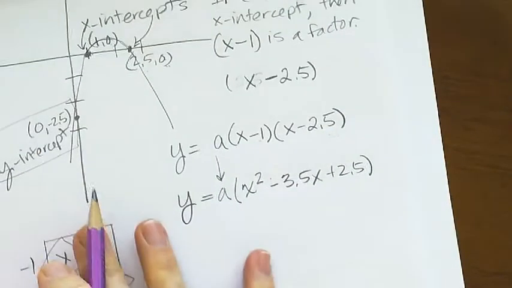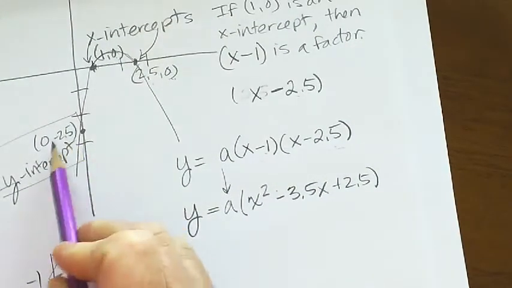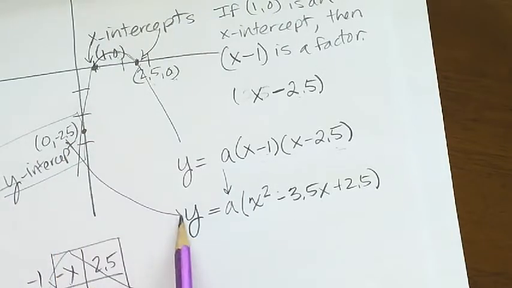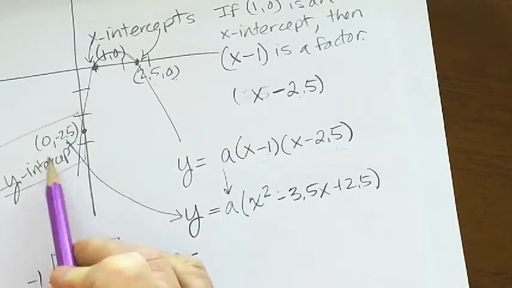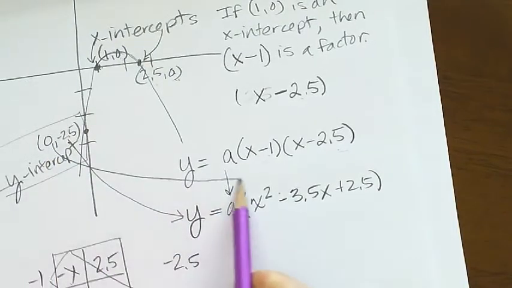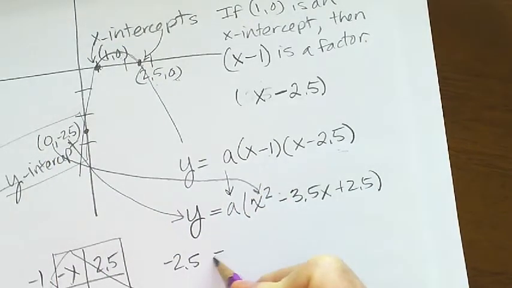So let's take this point 0, negative 2.5 and substitute the y coordinate for y. 0 is going to be my x coordinate.